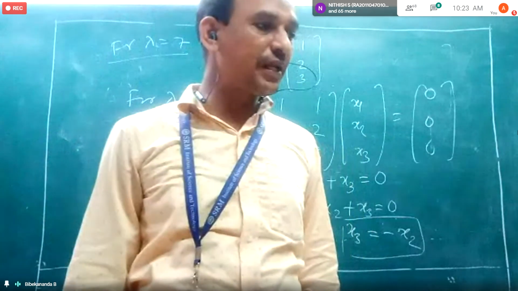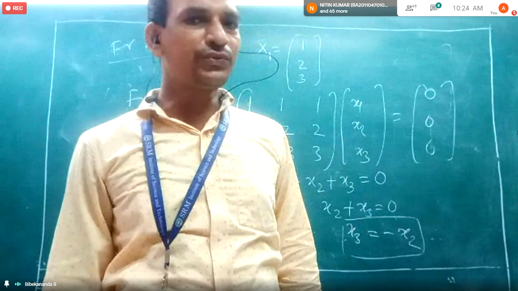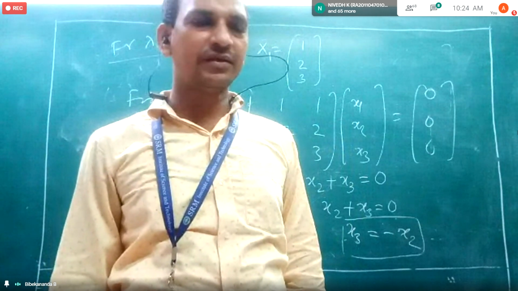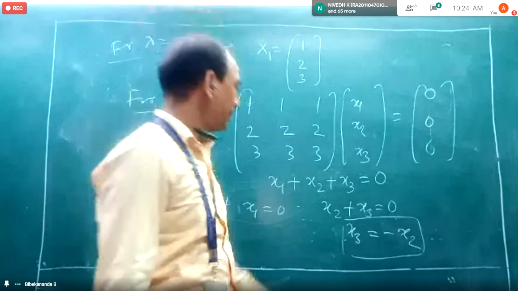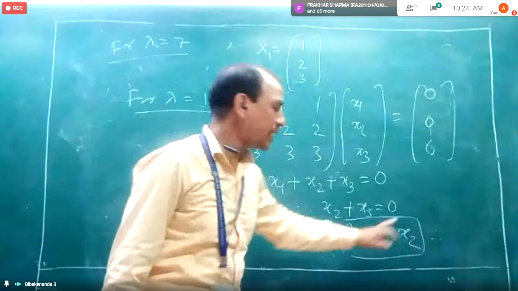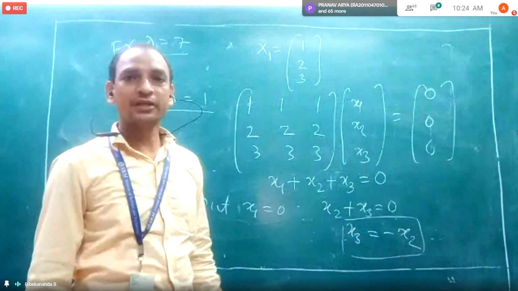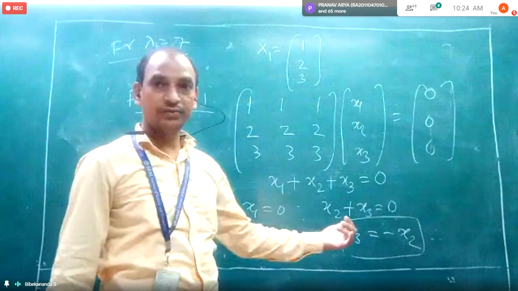Sir, x2. x2 is the free variable because if we have x2, we can calculate x3. x1 is fixed, and that value we considered as 0.